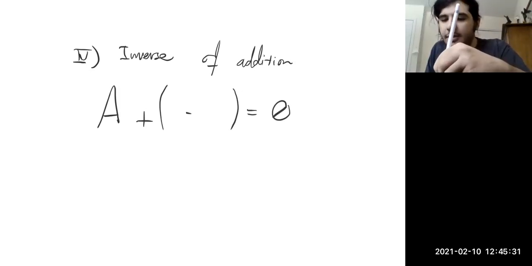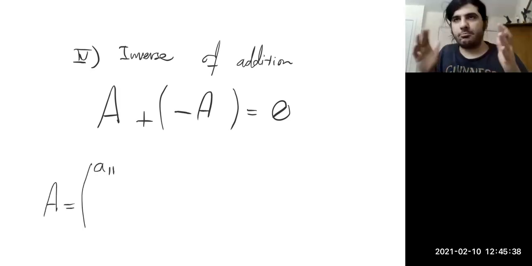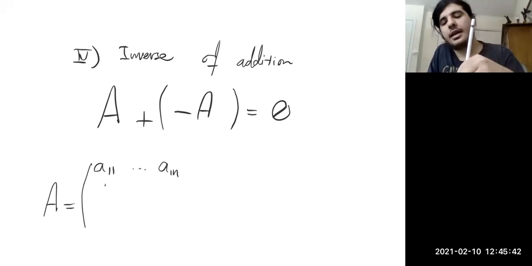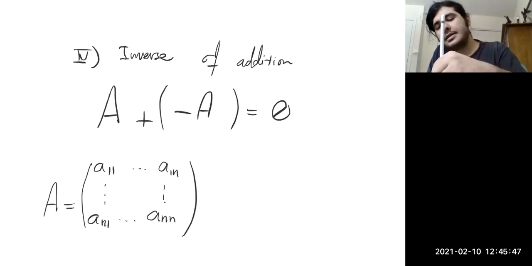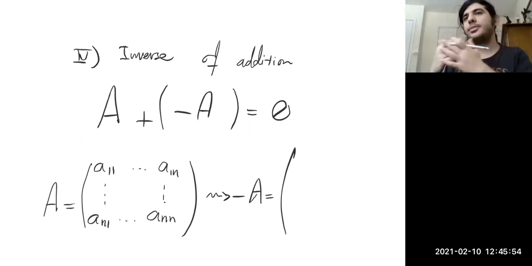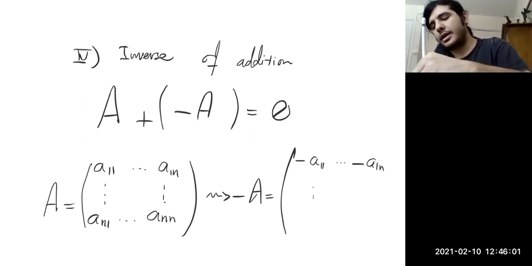We denote that other matrix by minus A, which is easy to guess. If the matrix A as a table of numbers is A11 up to A1n and AN1 up to ANN, this matrix minus A has all elements multiplied by minus one. So it's minus A11 up to minus A1n, minus AN1 up to minus ANN.